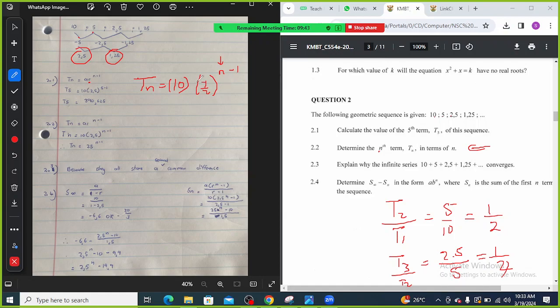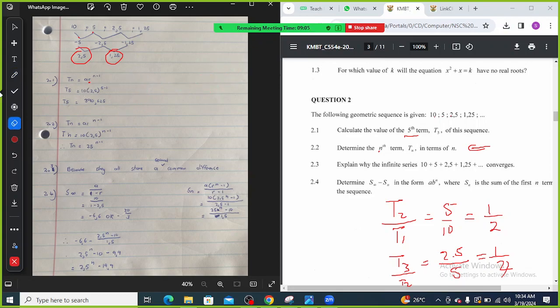It's 1. So 1 times 10 is 10. Now we have the general equation, and this is the answer for 2.2, not 2.1. Do you understand? Easy, yeah.